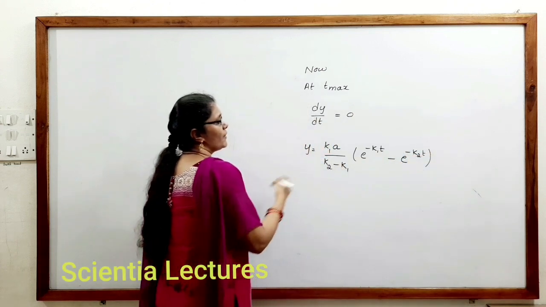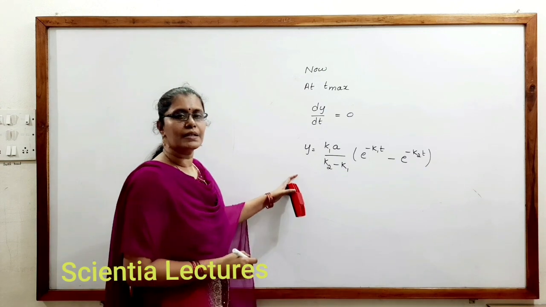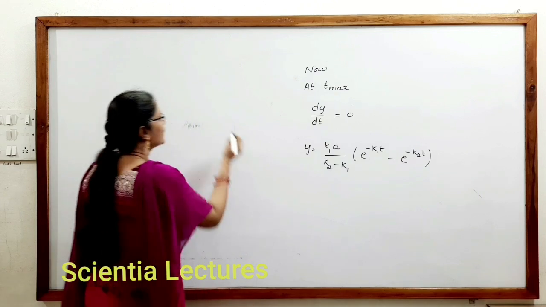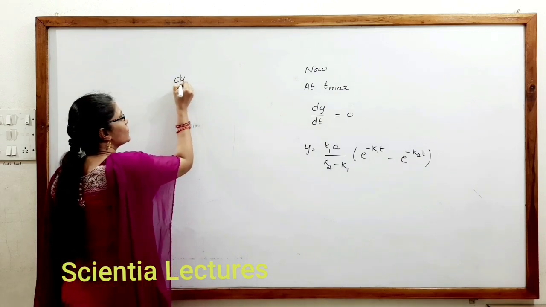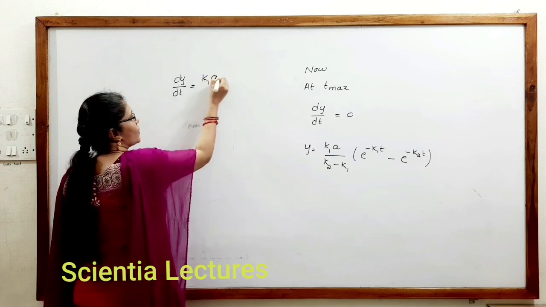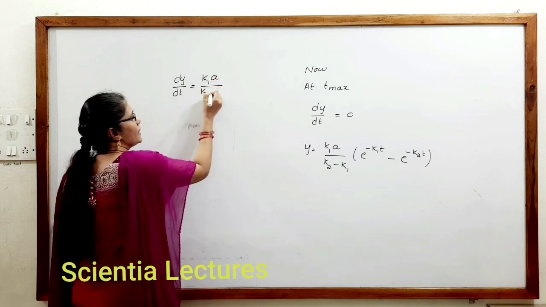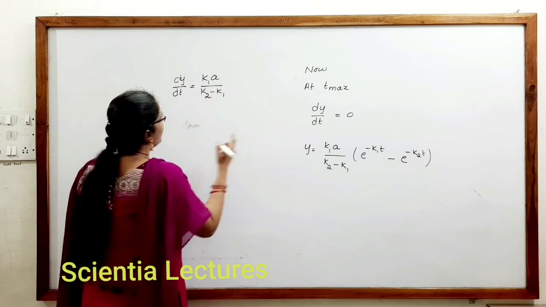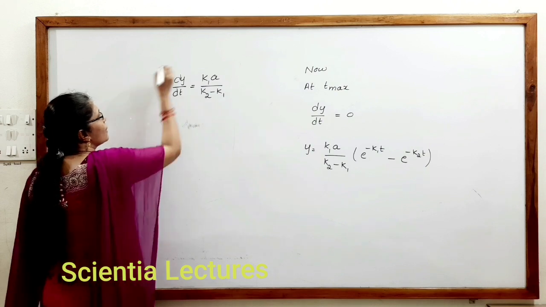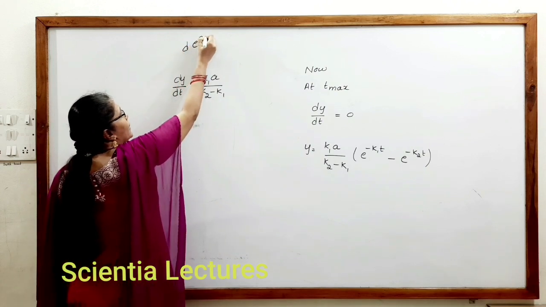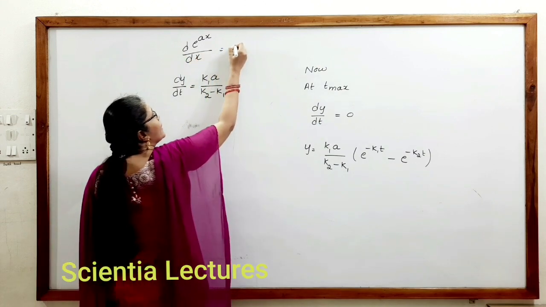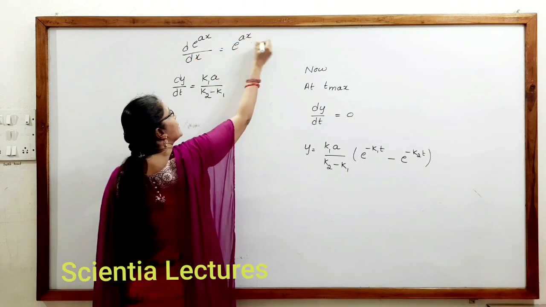Now we will take dy by dt, that is the differentiation of y with respect to t. So dy by dt must be equal to, this is a constant term, k1a by k2 minus k1. Already we have seen that the differential of e power ax with respect to x is e power ax into a.